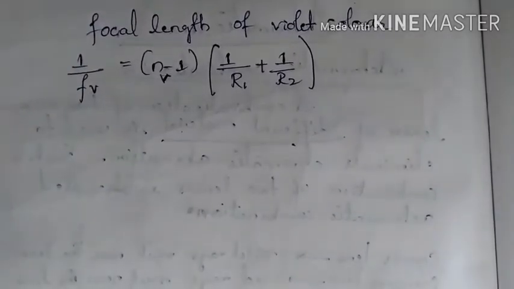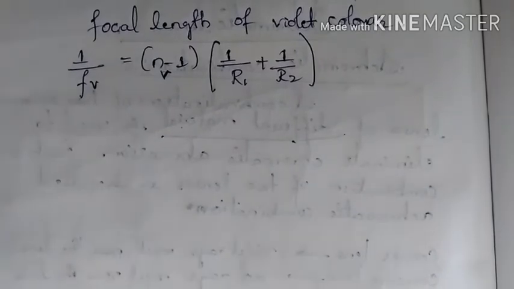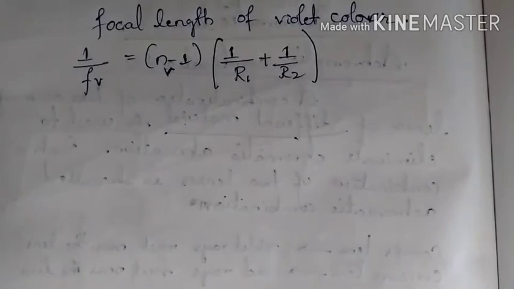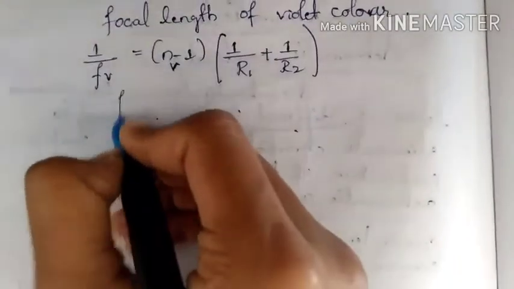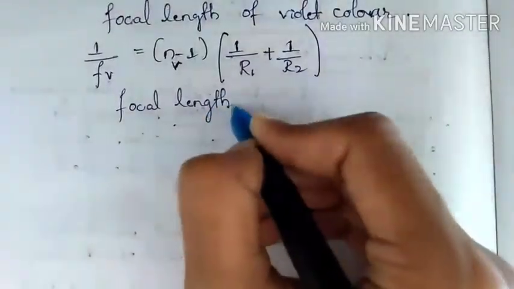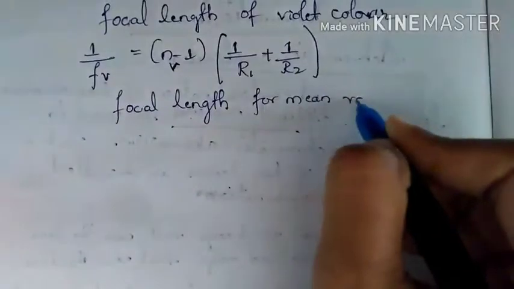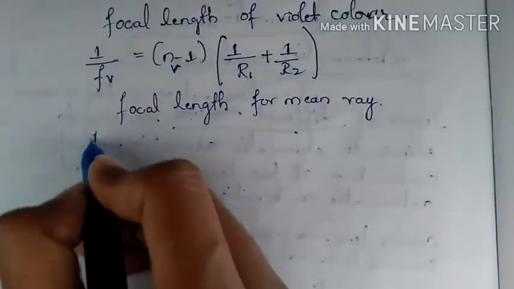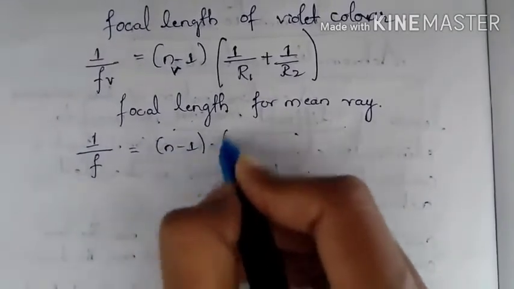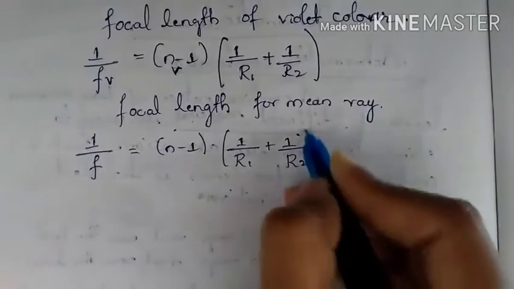So here R1, R2 are the radii of curvature for the lens. Nv is the refractive index and Fv is the focal length. Now the focal length for the mean ray. So for the mean ray, we can directly write 1 by f is equal to (n minus 1) times (1 by r1 plus 1 by r2).